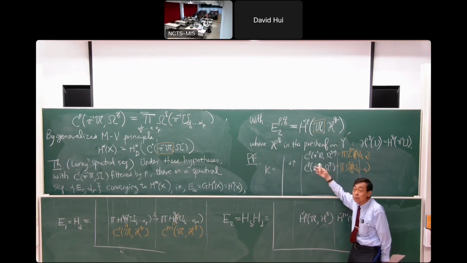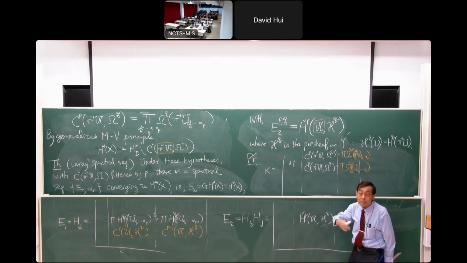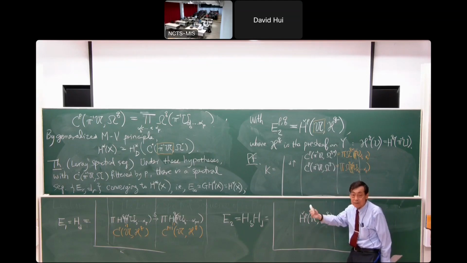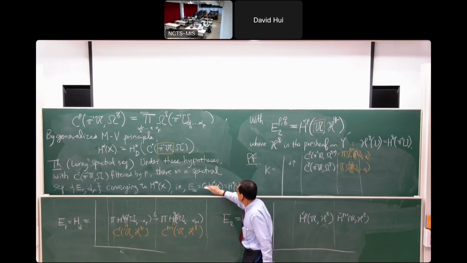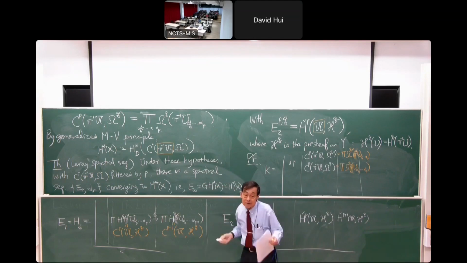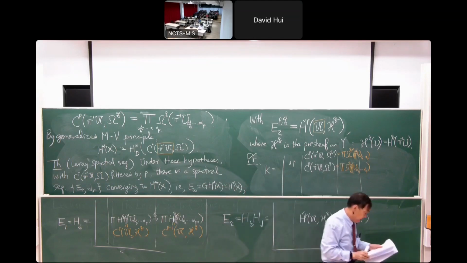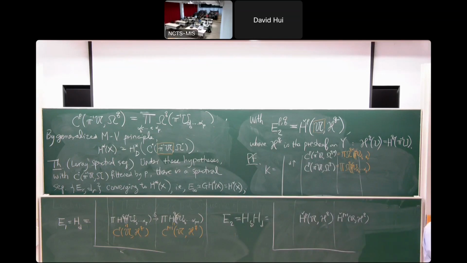Once you know E2, then you can compute E3, E4, and so on, in order to get E infinity, and then E infinity will give you the cohomology upstairs.